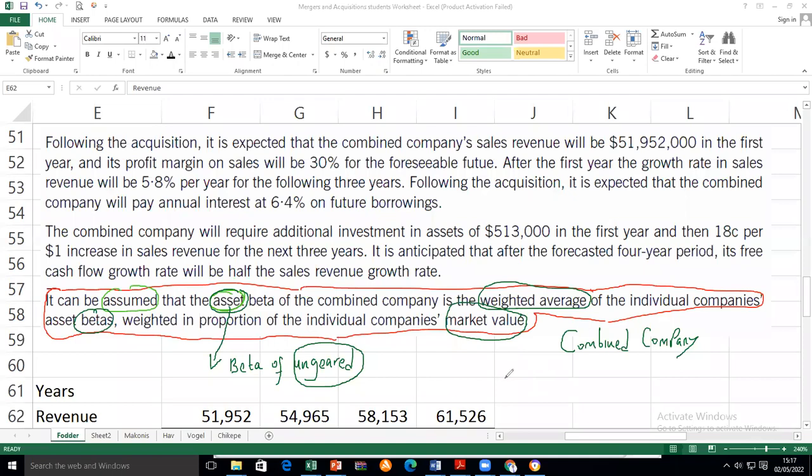Get the individual company beta. So we are going to go to F, get their asset beta. We're going to go to P, get their asset beta. And after we have done this, we are going to find the average of these two. Simple average? No, we're going to do a weighted average.